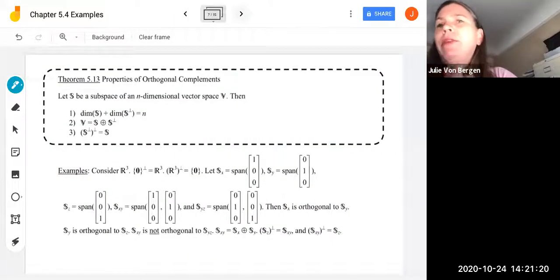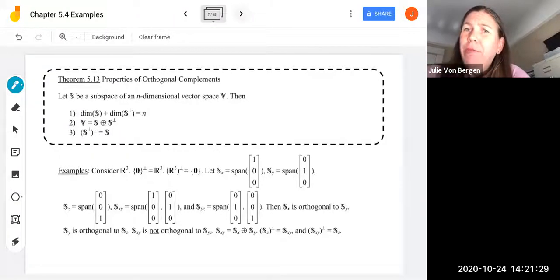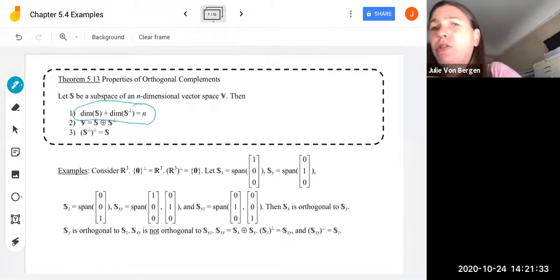Okay, so back to our properties of orthogonal complements. We're going to let S be a subspace of an n-dimensional vector space V. Then the dimension of S plus the dimension of S perpendicular have to add up to the dimension of the vector space, right? Every vector can be written as a component of a vector from S and a vector from S perp.